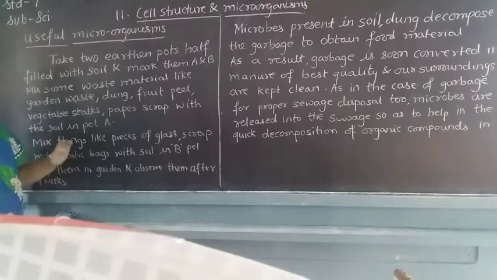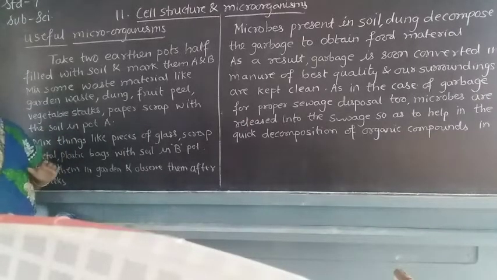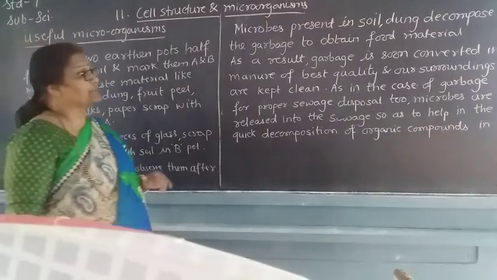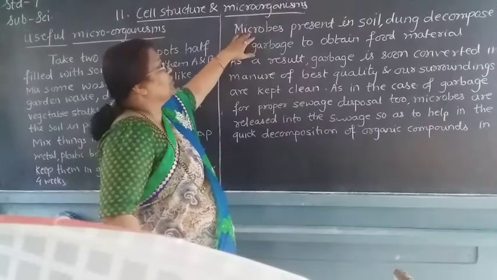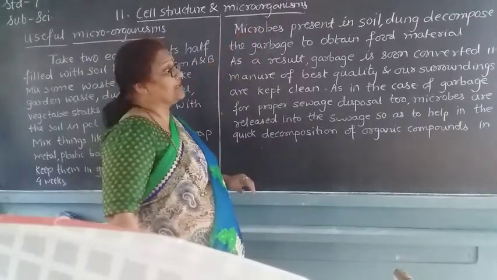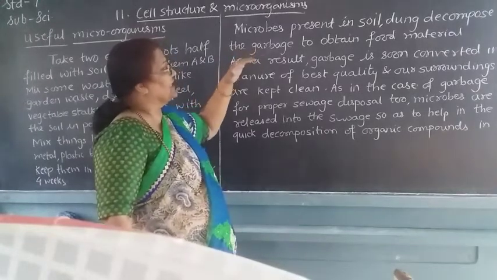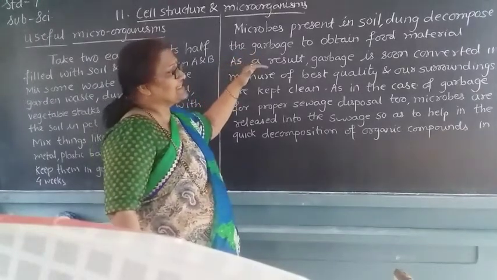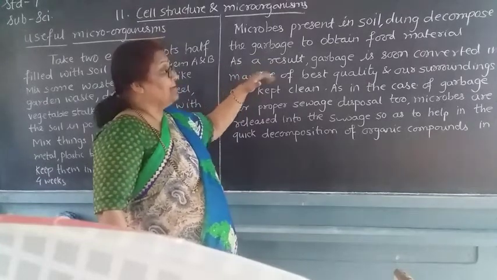Now keep them in the garden for 4 weeks and then observe. See what happens there. The microbes present in the soil and dung decompose the garbage to obtain food material. As a result, the garbage is soon converted into manure of the best quality.